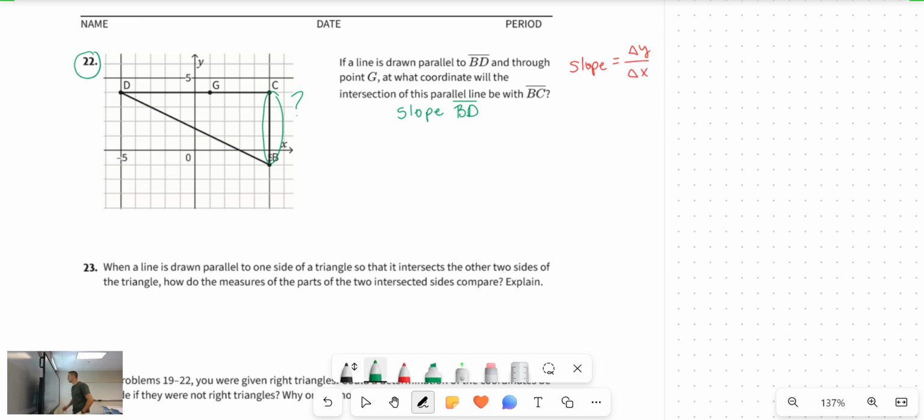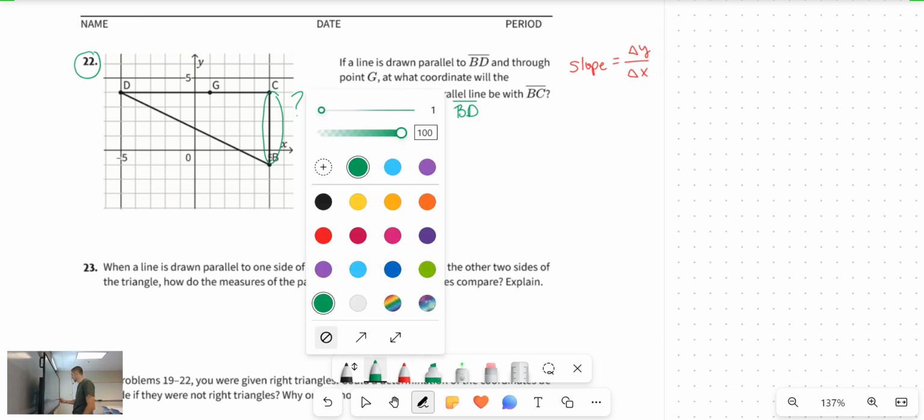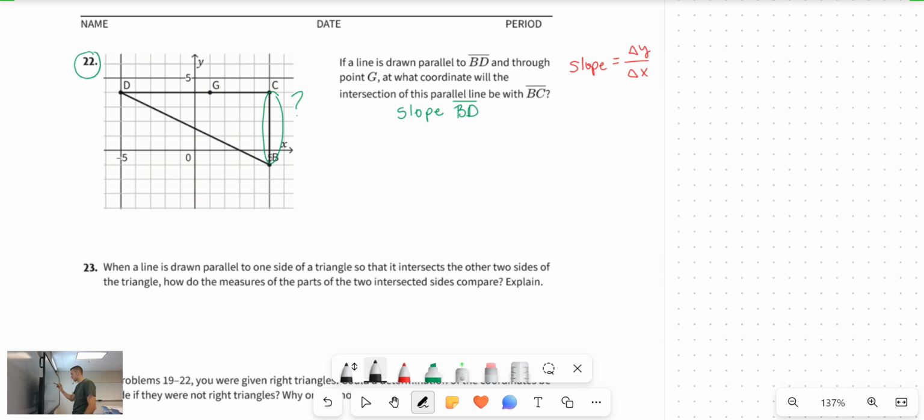All right, so slope of BD. Well, this is our origin, right? Let's make sure we have our origin correct. Right, this is our origin.